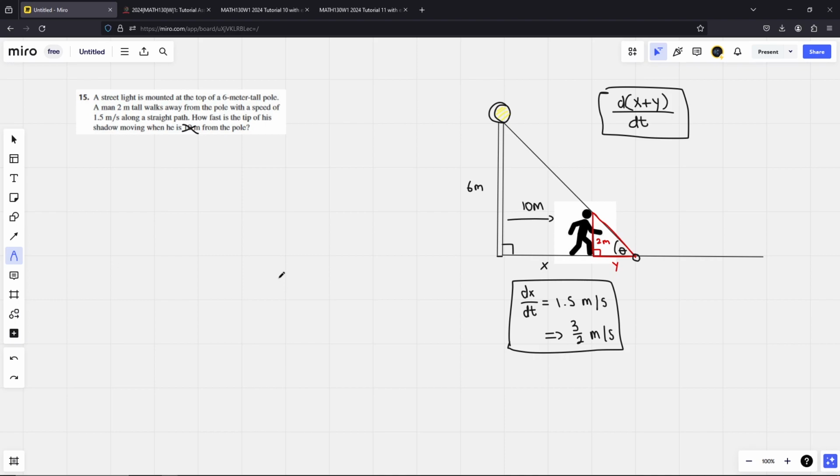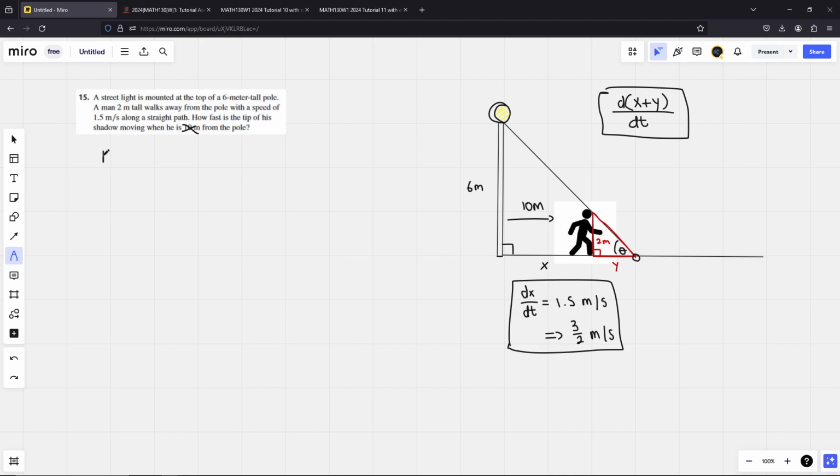I want to relate x, y, 6 meters and 2 meters. And you can notice that I already have two triangles, and these are going to be similar triangles because I have one right angle triangle and another right angle triangle which has the same angle theta, and this one is inscribed within the bigger triangle.